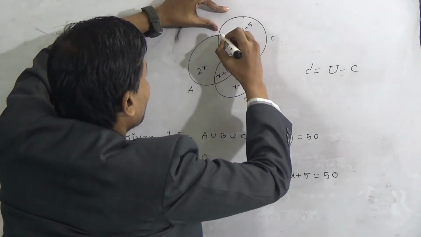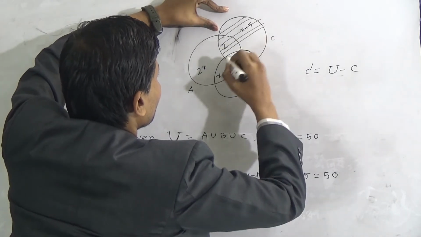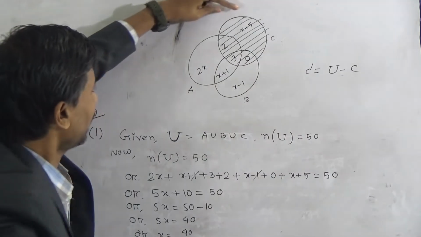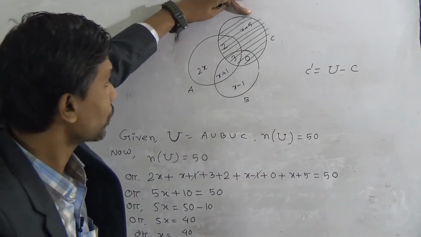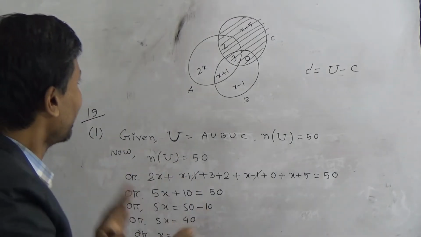Okay, this is the element of C, so you have to cancel the elements of C. Then what are remaining?